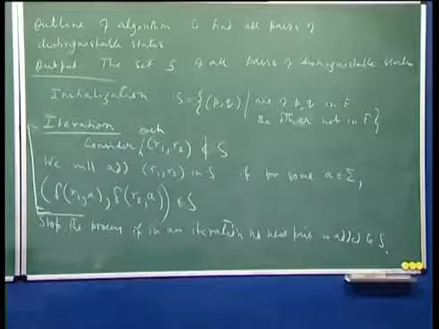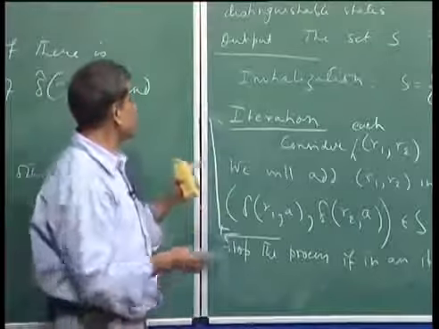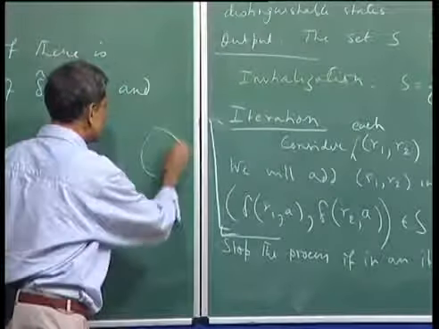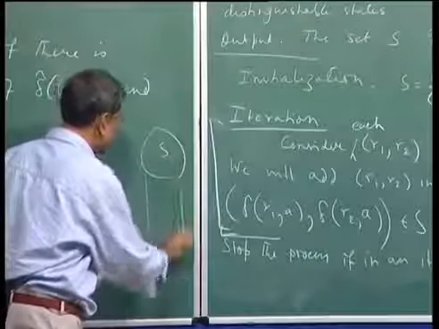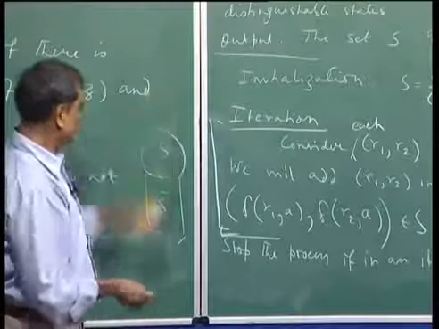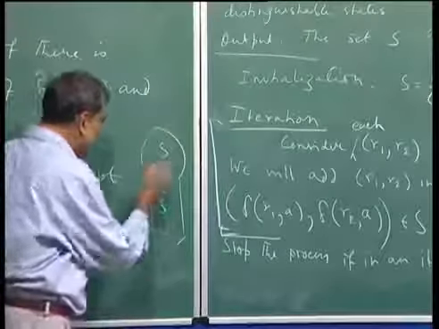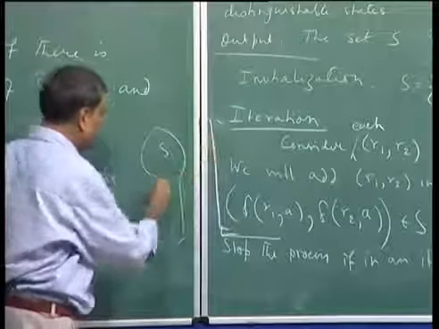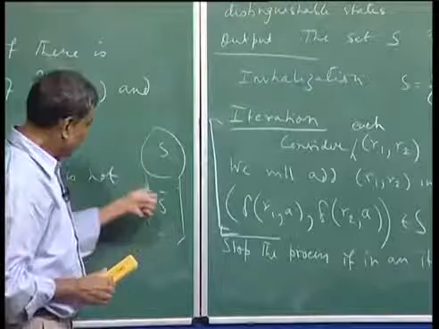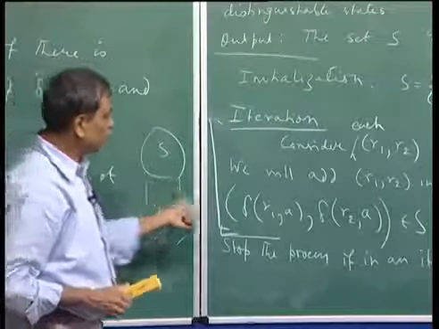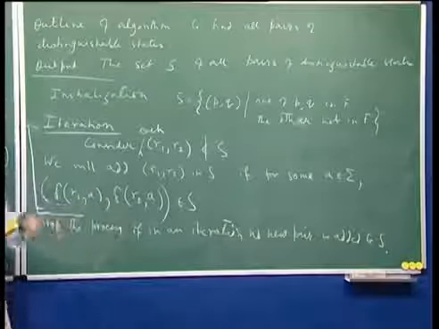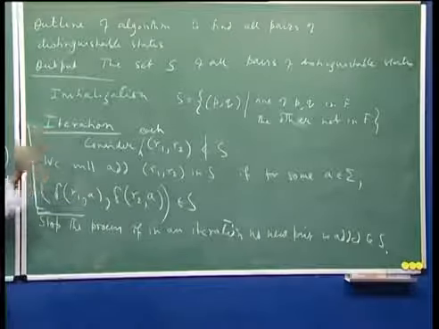In an iteration you already have a set of pairs which is in S and some of the pairs which are not in S. These are the set of all pairs of states. So, in one iteration you will consider all the elements which are not in S, and as you consider one pair you may find this condition to be true. So, in that case that pair will be added and so on.